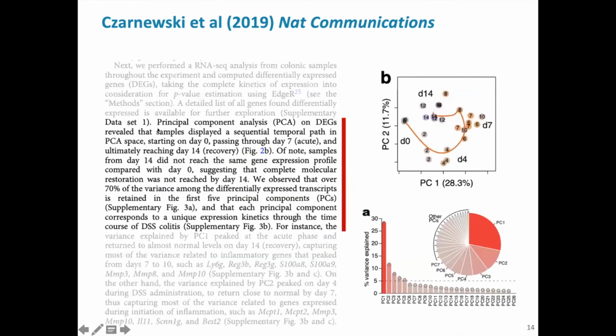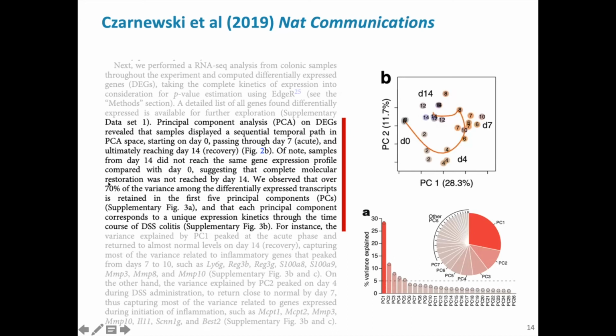For principal component analysis, this is now the results part. Principal component analysis on differentially expressed genes. So now you know that I didn't use highly variable genes here. I used the ones that are already differentially expressed. It revealed that samples displayed a sequential temporal path in PCA space, which is this line.